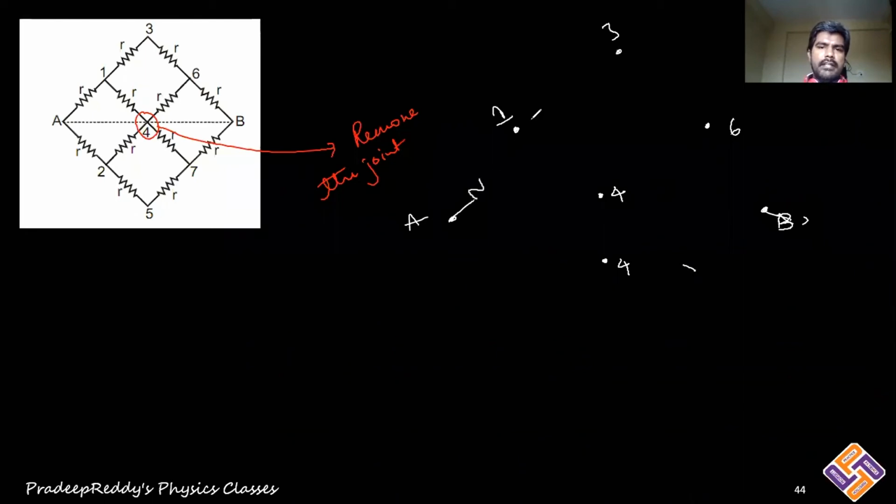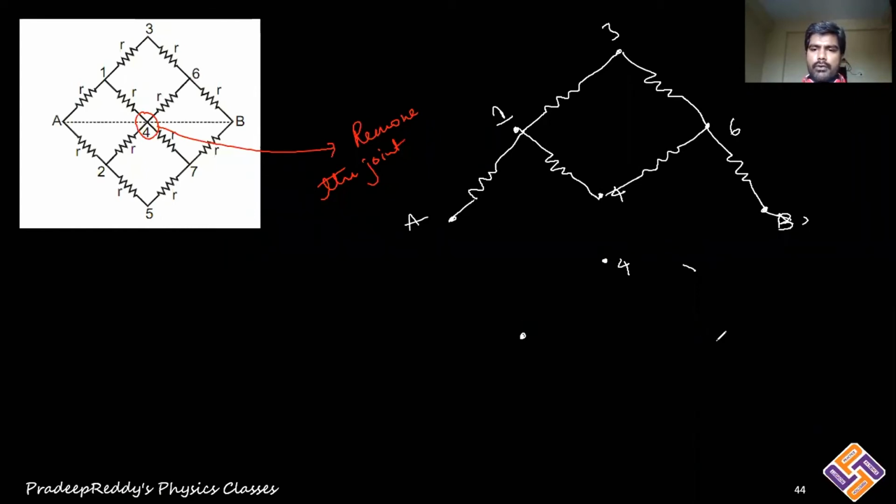One resistor here, one resistor here, one resistor here, one resistor here. From 1 to 4 there is one resistor. From 4 to 6 there is one resistor. Likewise, here you will have one resistor in each of the remaining branches, six resistors in total.